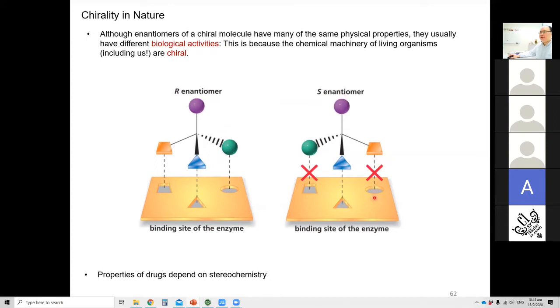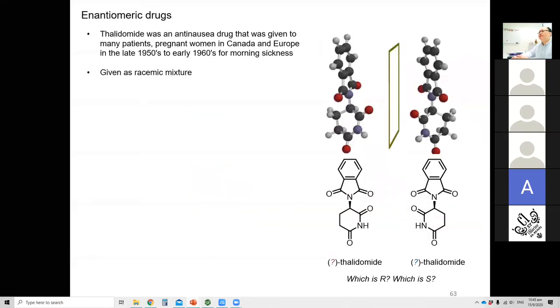So the properties of drugs depend on the stereochemistry. That's because the proteins of your biological system or living organism are chiral, and even when the R enantiomer fits, the S enantiomer may not fit. So that actually causes huge problems.